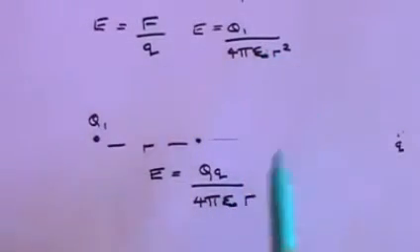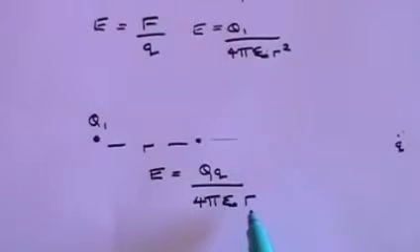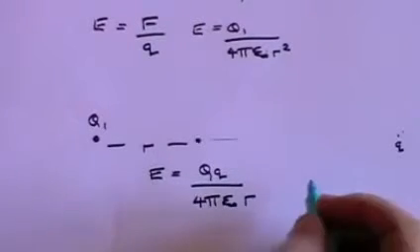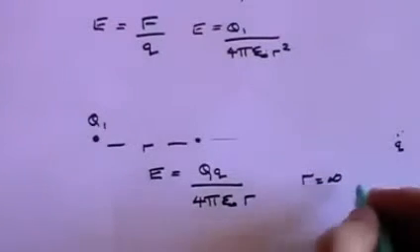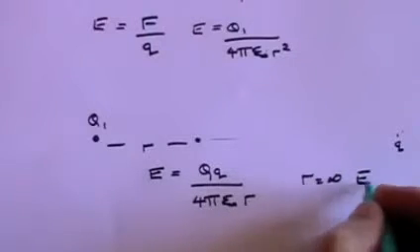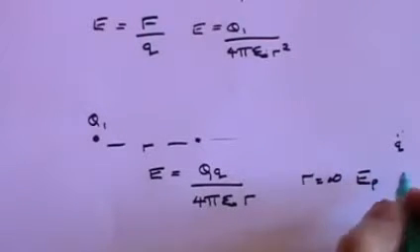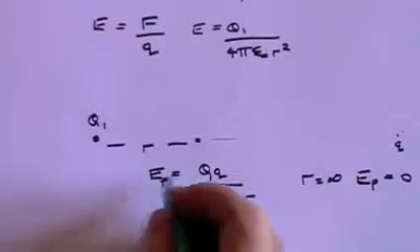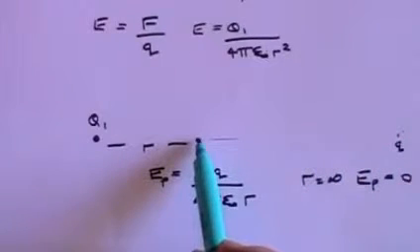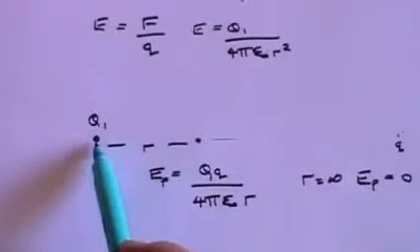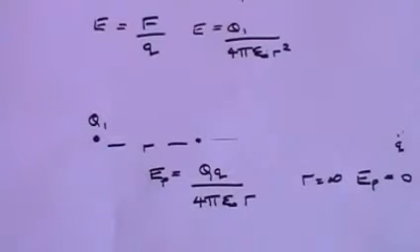Not r squared as up here, but now just single r. And that means that when r is infinity, that is when the test charge was infinitely far away, then the potential energy, EP, is equal to 0. This is the energy required to bring a test charge from infinity to a point r away from the main charge Q1.